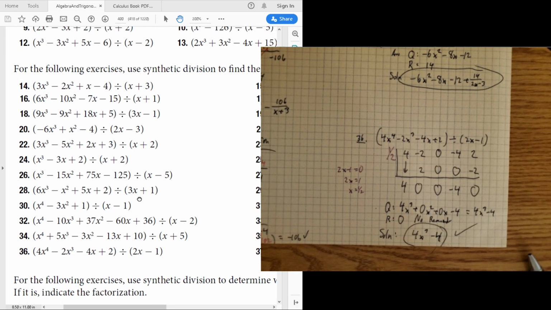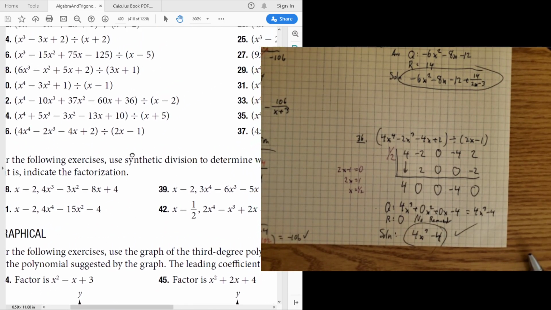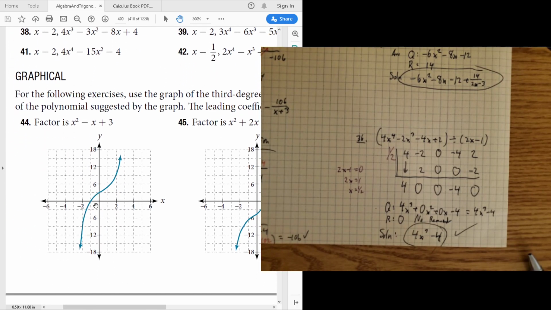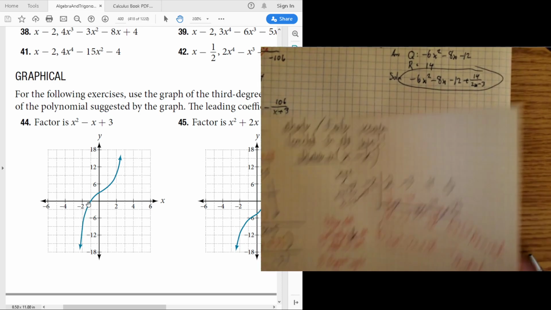There's one more part to your homework that we did not discuss, and it's what happens whenever it asks it in graphical form. So last piece of your notes.